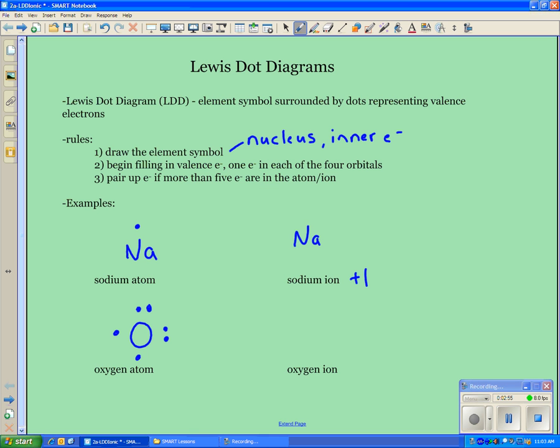So the one that we had in the atom has now disappeared. It's gone somewhere else. So we put square brackets around that symbol and the charge to show, yes, that valence energy level is empty.